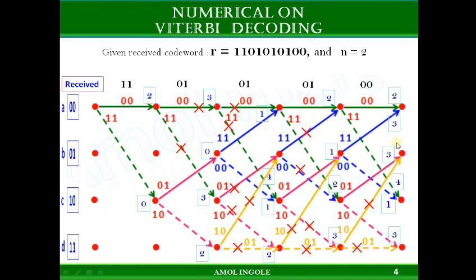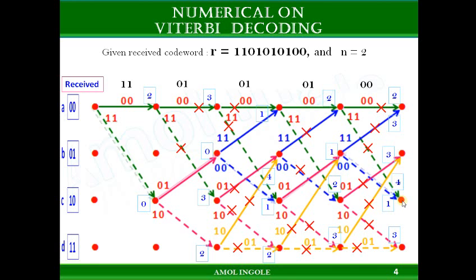So you can discard all these paths having path metric more than 1 like this. So I have discarded all the others, leaving only this path having path metric 1. And if you follow that path from this node, you find that this is the only path left. And we got this path using the Viterbi algorithm.